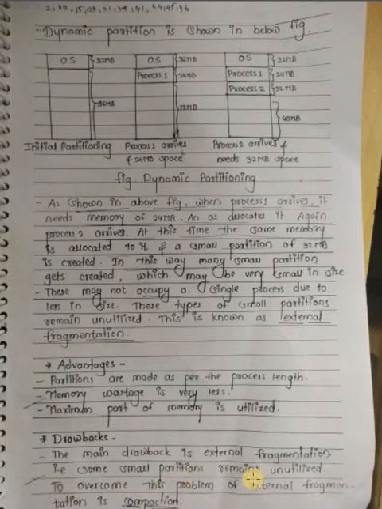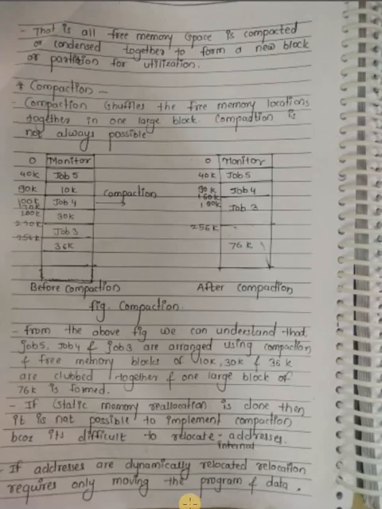But to overcome the external fragmentation, the compaction method is used. That compaction method is not for your syllabus, but here the compaction mechanism is shown. In short, I will tell you what is a compaction.